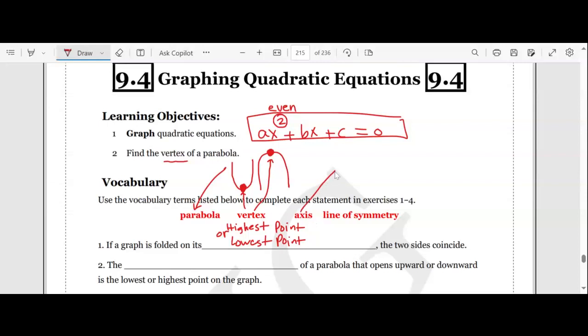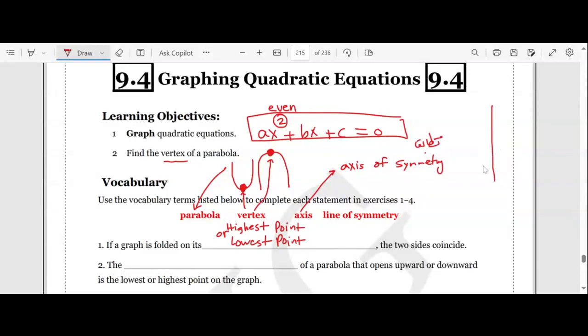Axis. We have axis of symmetry. What does symmetry mean?